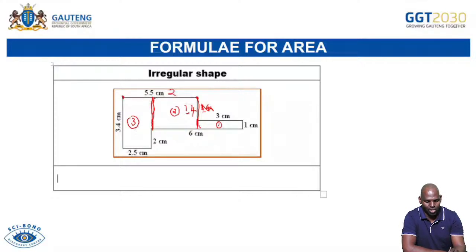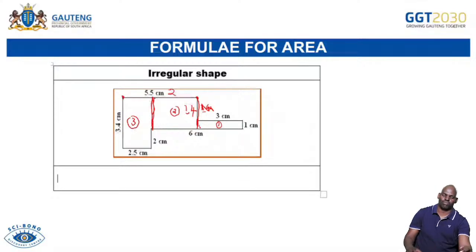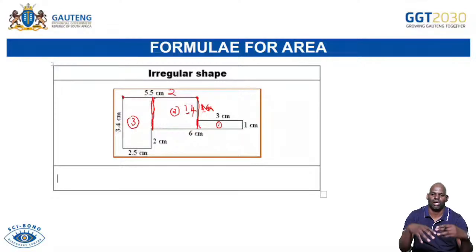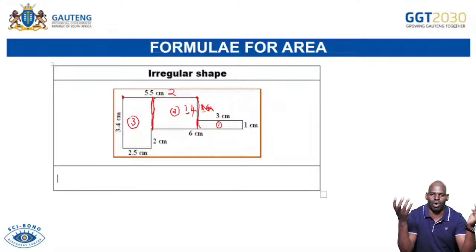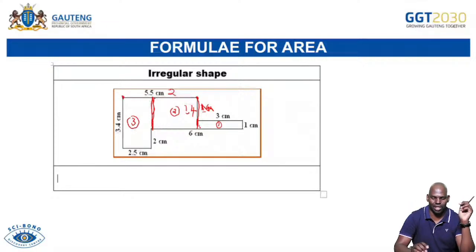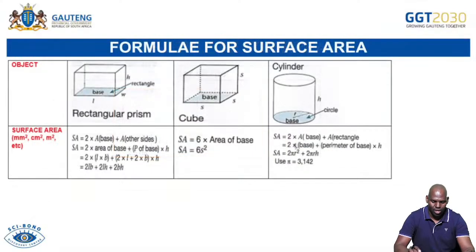And then this one is obvious, 2.4 multiplied by 3.4. Okay, so what I'm trying to indicate to you is, if you are given any irregular shape, you can actually divide it and figure out what is the shorter side and the longer side of each rectangle, and then from there you can do the calculations.